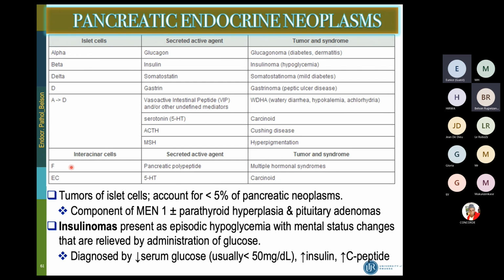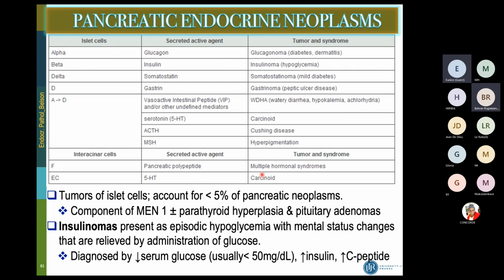And then we have the EC type of cell. It has something to do with serotonin, so it is also seen in carcinoid tumors.